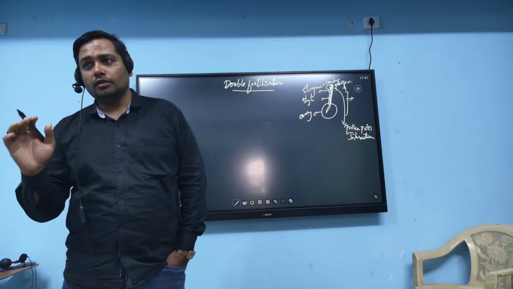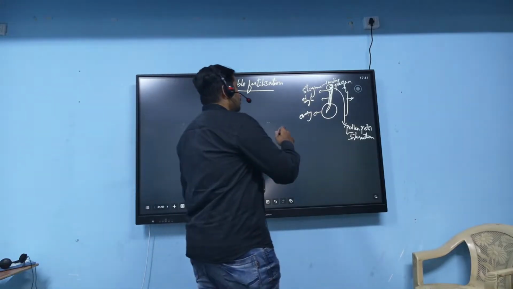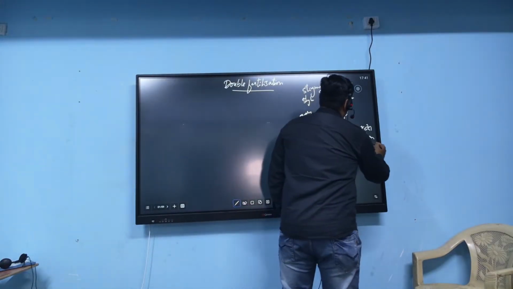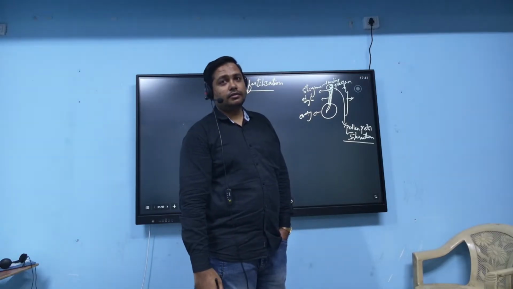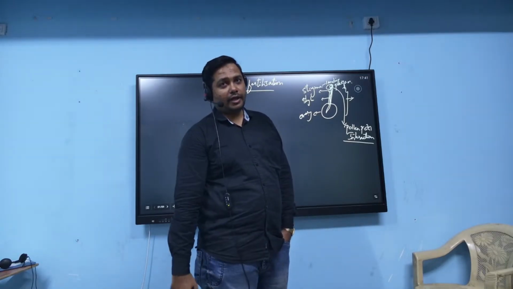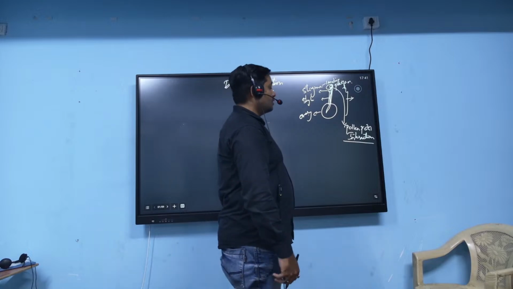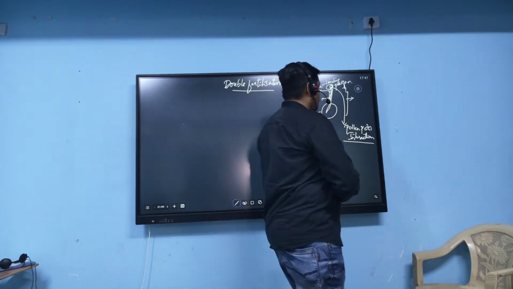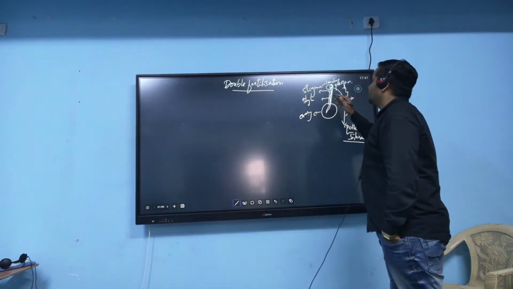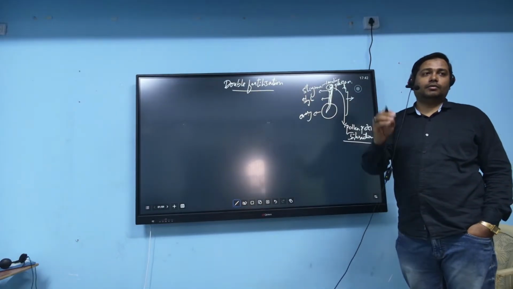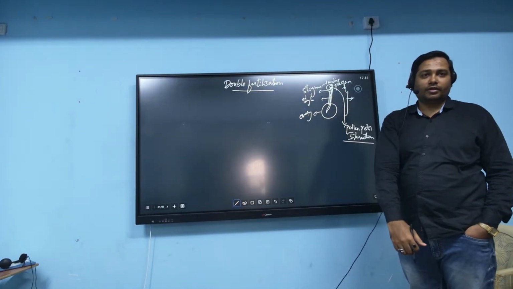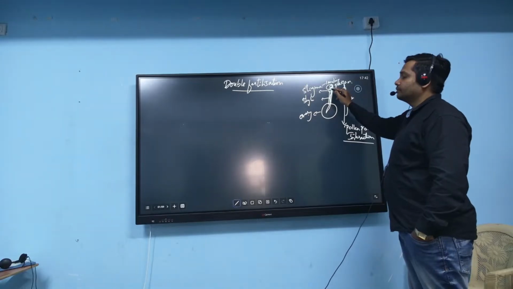Is it clear? So, once the pollen-pistil interaction takes place, communication between the pollen and pistil takes place. If the stigma allows it, the pollen will not enter the stigma, but it will allow the tube to enter. The pollen will be sitting here.